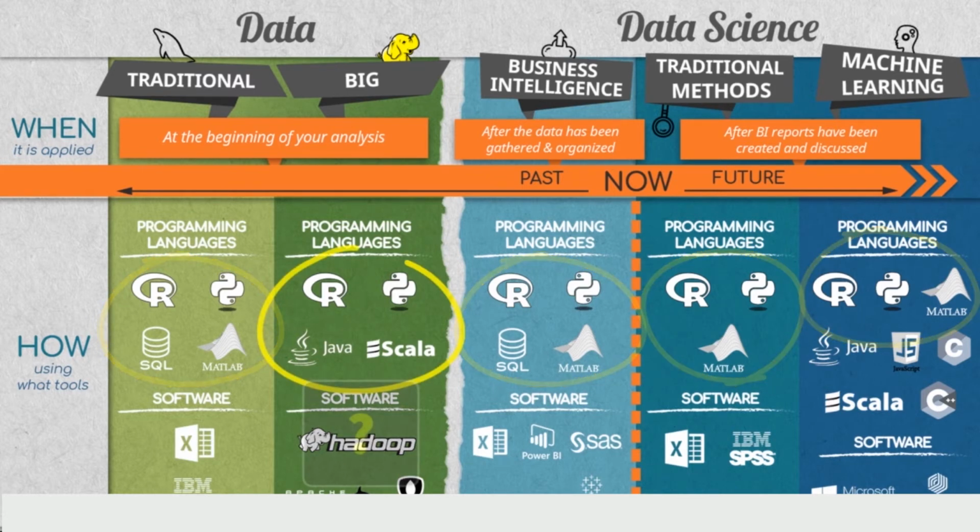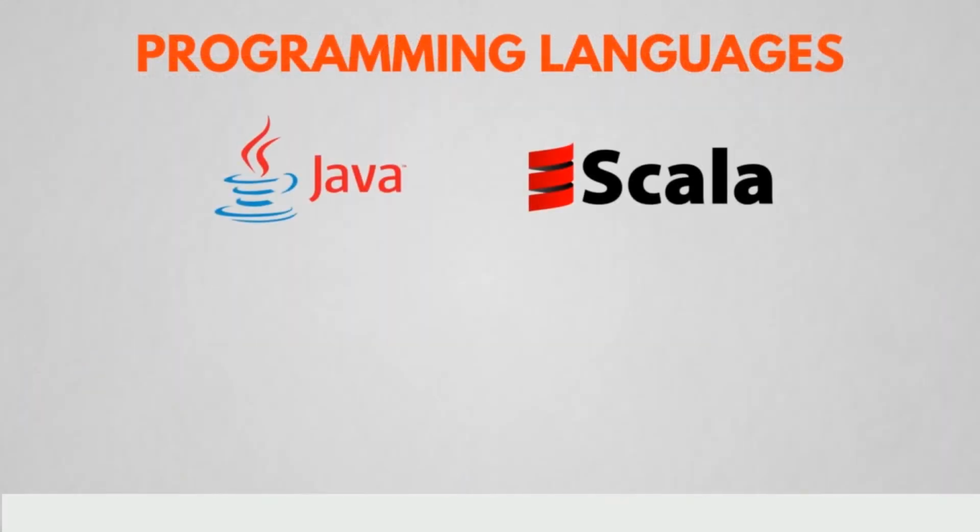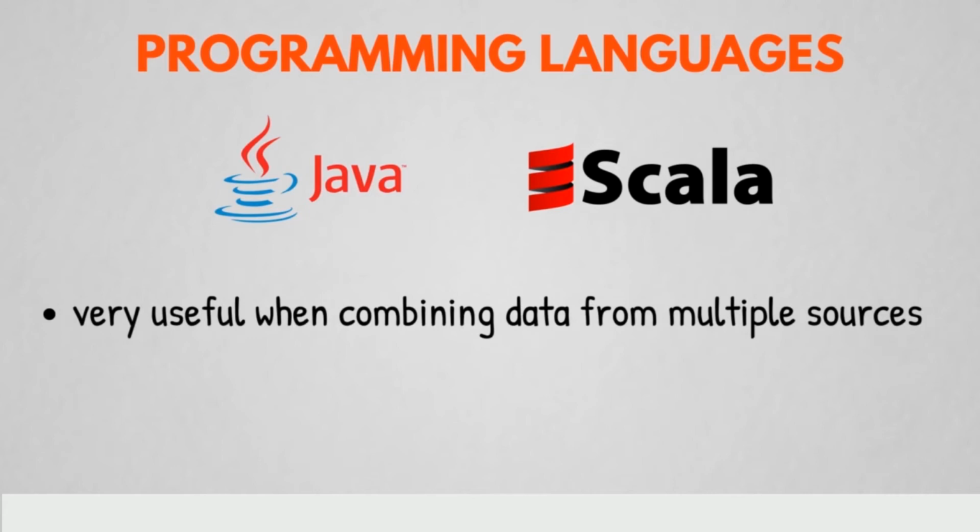What about big data? Apart from R and Python, people working in this area are often proficient in other languages, like Java or Scala. These two have not been developed specifically for doing statistical analyses. However, they turn out to be very useful when combining data from multiple sources. All right, let's finish off with machine learning.